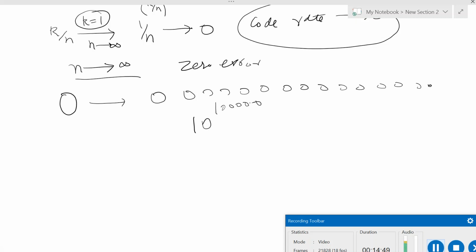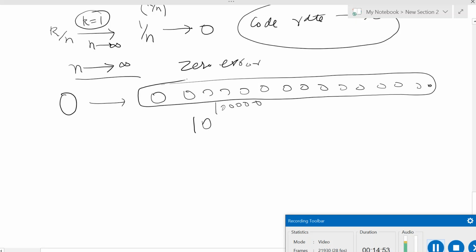So definitely in this case, your majority rule will work easily. Number of zeros will always be greater than number of ones, whatever be the channel. Right? The practical channels will not change 50% of bits. But what is the loss? The rate is 10 to the power minus almost 0. So it means that you aren't able to transfer anything.